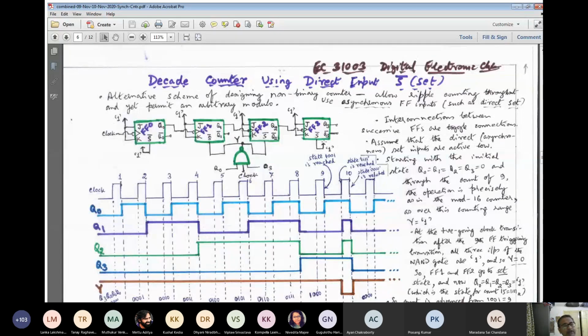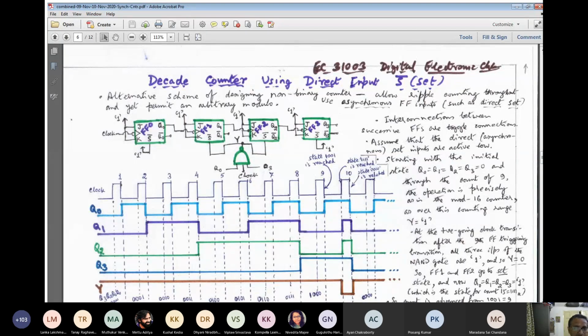Here we are explicitly showing the direct set input, because with that only we are working in this particular scheme. So here we show an alternative scheme of designing a non-binary counter. We allow ripple counting throughout and yet permit an arbitrary modulo.